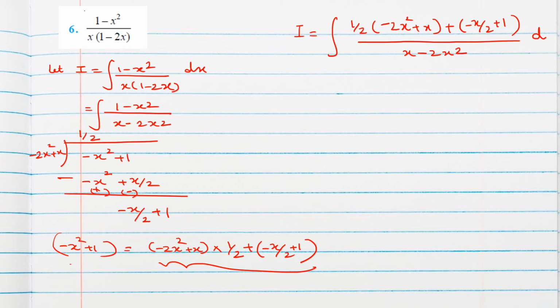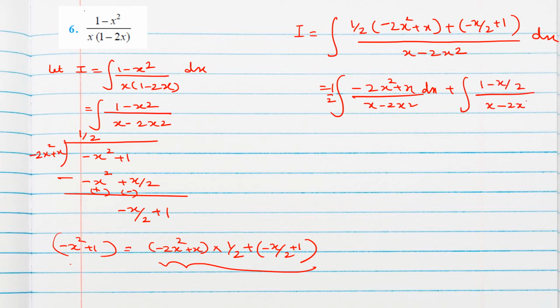Now separate the denominator, as well as the integral. So here we'll get the integral of 1 by 2 times minus 2x square plus x by x minus 2x square dx, plus 1 minus x by 2 over x minus 2x square dx.